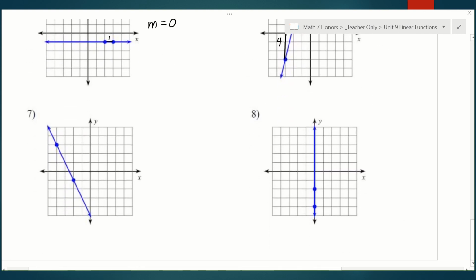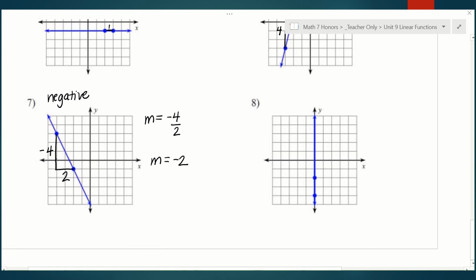Okay, number 7, we have a negative slope. So my rise over run is going to go down and then to the right. It looks like I went down 4 over 2. So rise over run, -4 over 2, and I can reduce that to just -2.